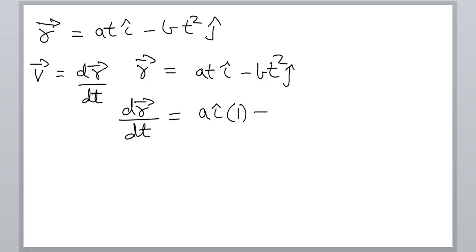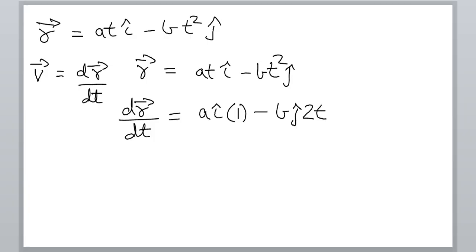Similarly over here, b and j cap are constants, so they will be taken out of the differentiation sign, and this t squared needs to be differentiated with respect to t, so I'll just get a 2t.